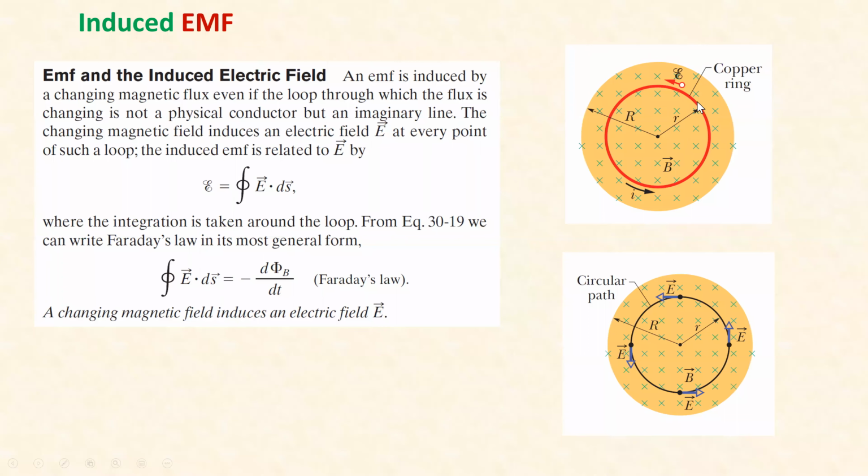And you can apply this formula for a solenoid and calculate this. Let me show you how this comes in. Imagine there's a solenoid that has n windings per unit length.